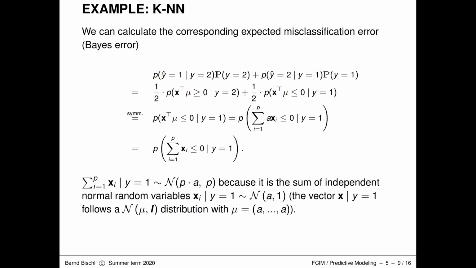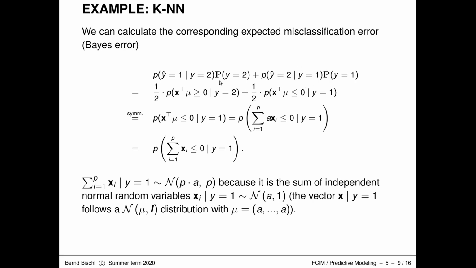So, we can now also, based on this optimal decision boundary formula, calculate the corresponding expected misclassification error. That is a situation where we have sampled a point from class 2 and are still assigning this to class 1, or we are sampling from class 1 and assigning it to class 2.